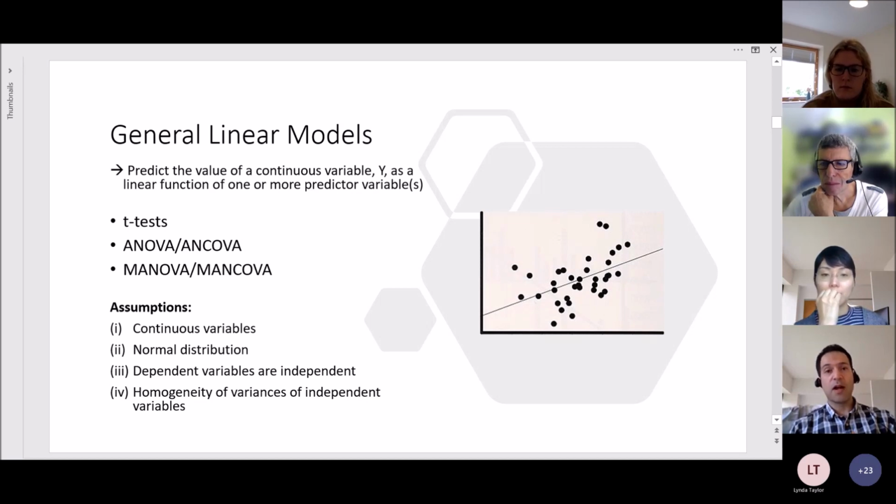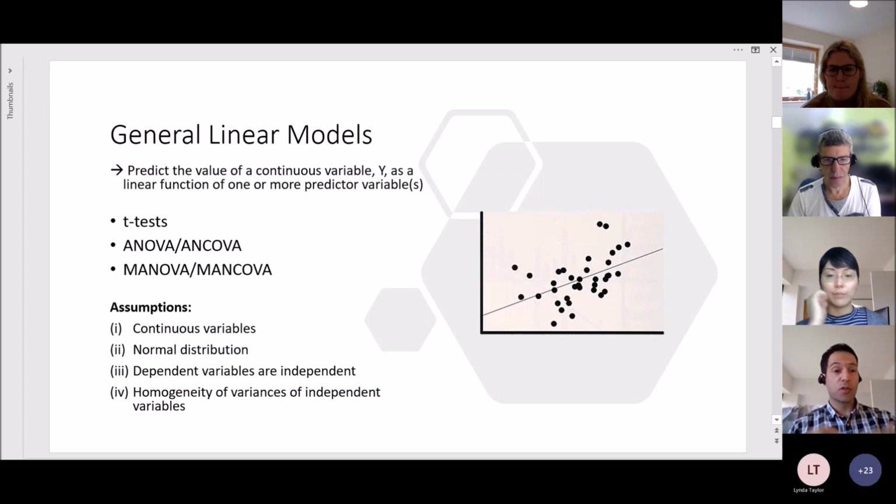For example, if you want to figure out whether there is a significant difference between males and females in terms of their listening ability or grammar or vocabulary scores, what you will use is a t-test, as you know. But if the number of levels in your independent variable is more than 2, for example, 3, let's say we have 3 types of citizenships, then we go ahead and use ANOVA.